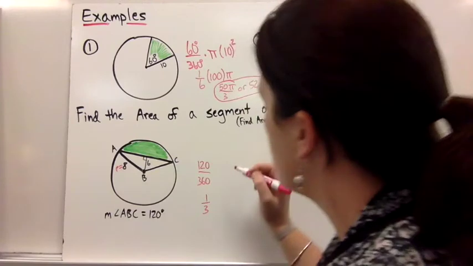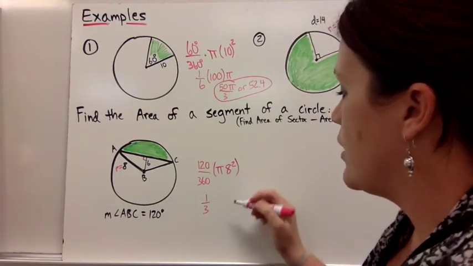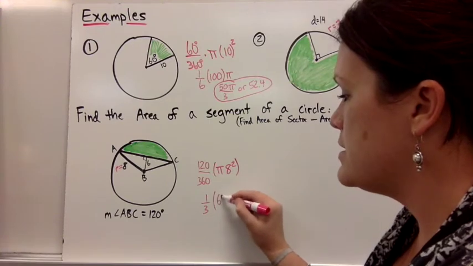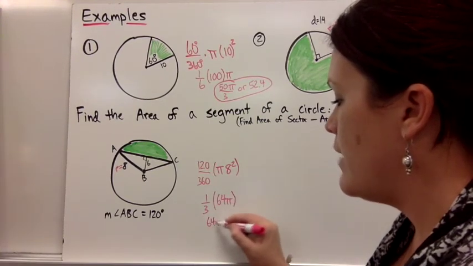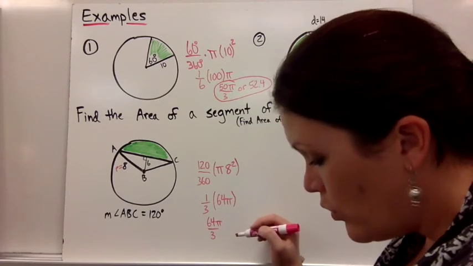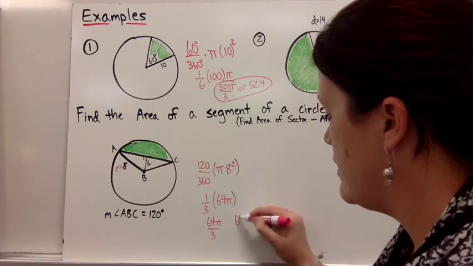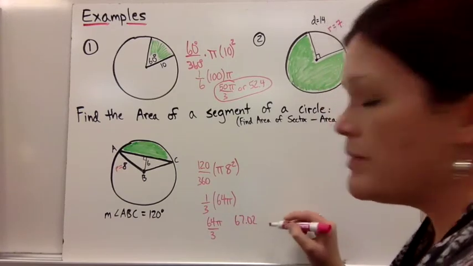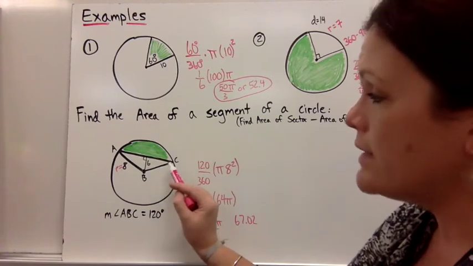If the radius equals 8, that's times pi 8 squared. So 1/3 times 64 pi would just give me 64 pi over 3. Or we could leave it as a decimal; I got 67.02.